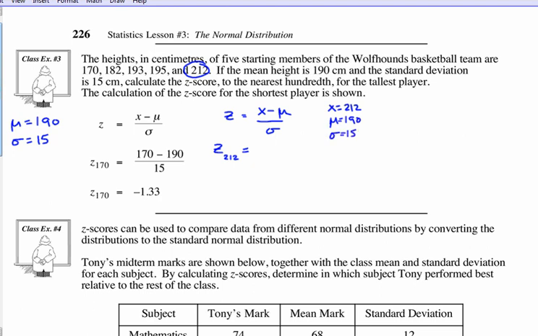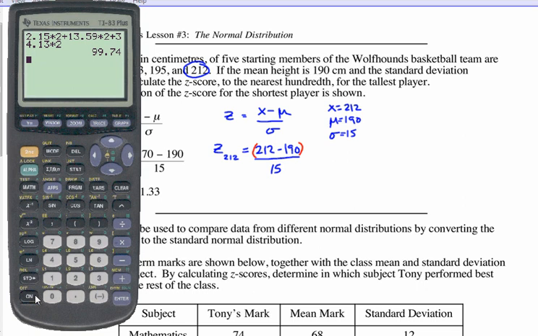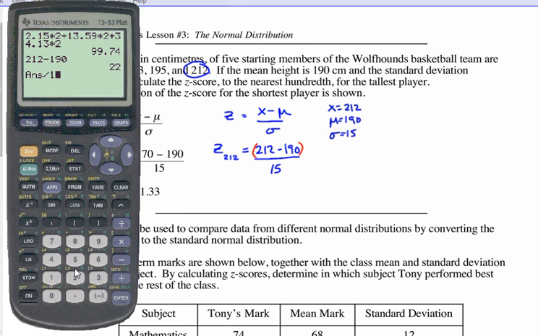So let's plug it in. 212 minus 190 all over our standard deviation of 15. Now, if you plug this into your calculator, you have to remember invisible brackets on the numerator if you want to do it all at once. Otherwise, just do it in parts. 212 minus 190, enter, divide by 15.